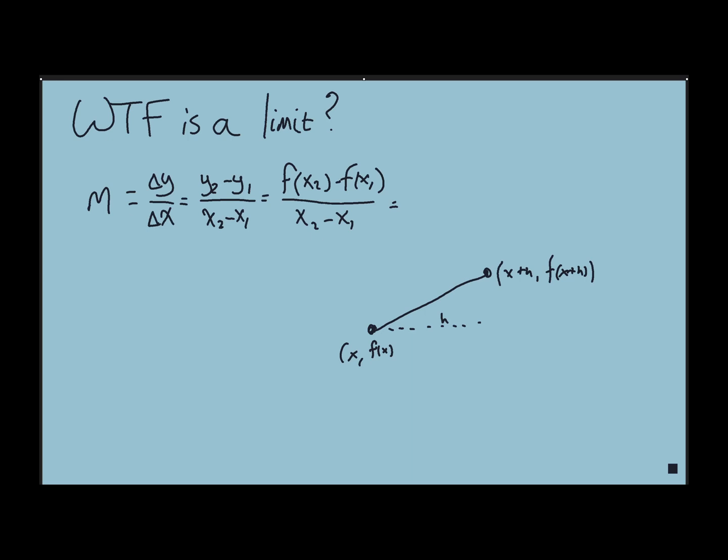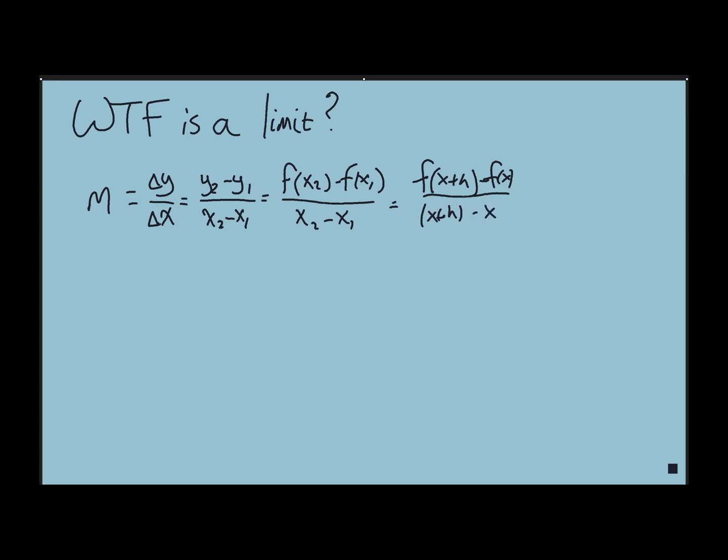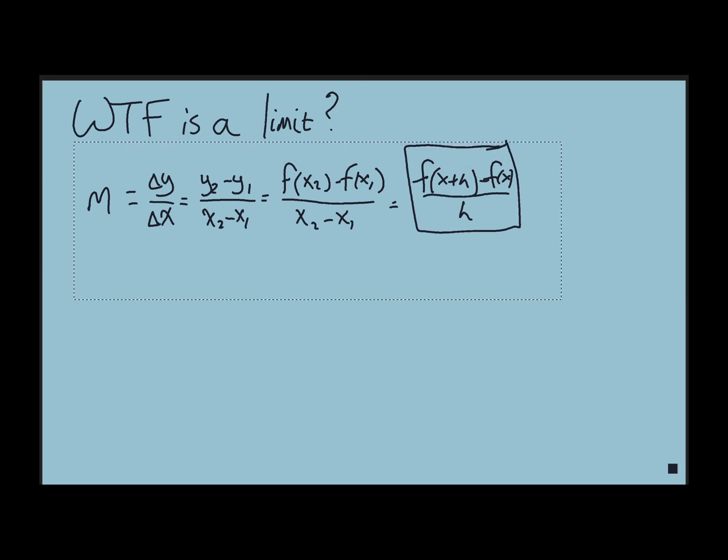And we can use that information to rewrite on top, where you get f of x plus h minus f of x over x plus h minus x. And then when these cancel on bottom, you're only going to have h remaining. So this became our definition of derivative, and we use that to play with parabolas and stuff. I want you to keep this in mind because we're going to be going forward with that understanding, okay?